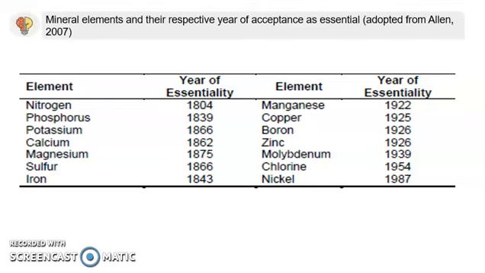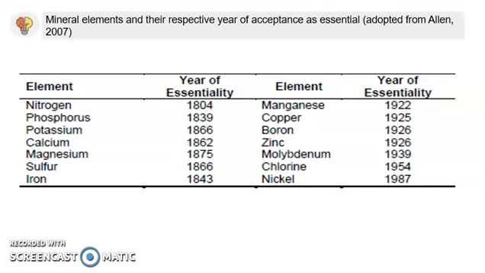In case you have read a book or other reading material that listed only 16 essential elements, that book was published earlier than 1987, in which nickel was not yet included. So take note of their essentiality, and the latest essential micronutrient is nickel.